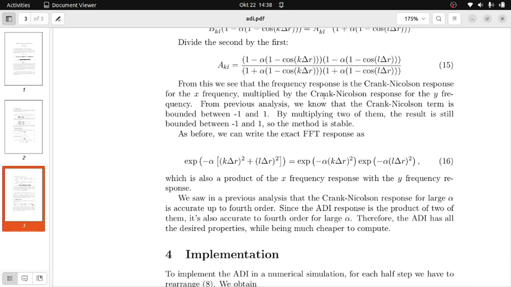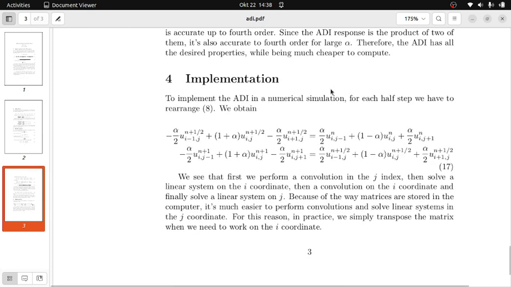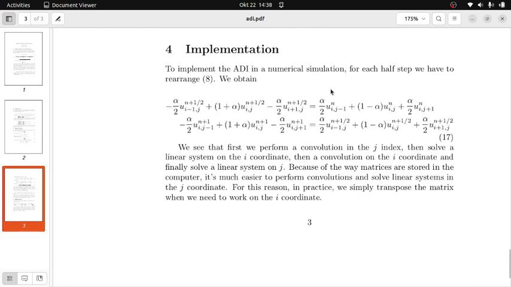So we see that the ADI has all the nice properties that the Crank-Nicolson method has. It is unconditionally stable, and it is accurate to fourth order for large values of alpha, which is pretty good, right?